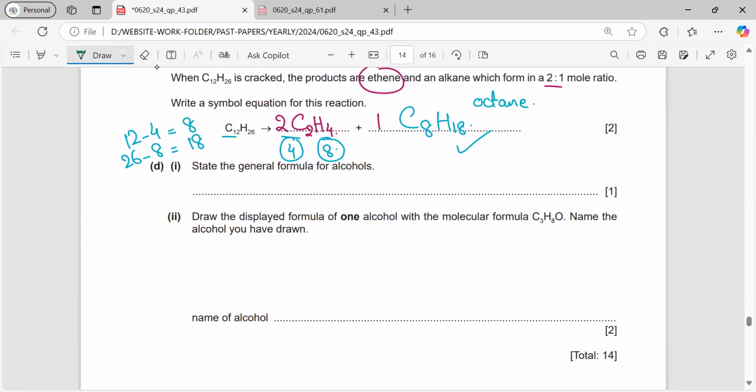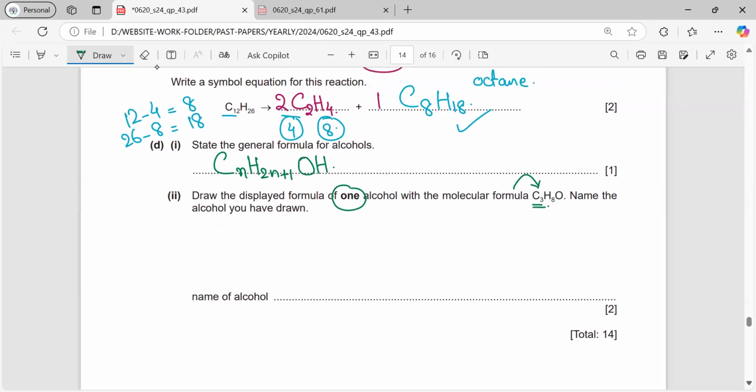State the general formula of alcohols. For alcohols, the general formula is CnH2n+1OH. Draw the displayed formula of one alcohol with the molecular formula C3H8O. Name the alcohol you have drawn. This is an alcohol with the formula C3H8O, and it has 3 carbon atoms.